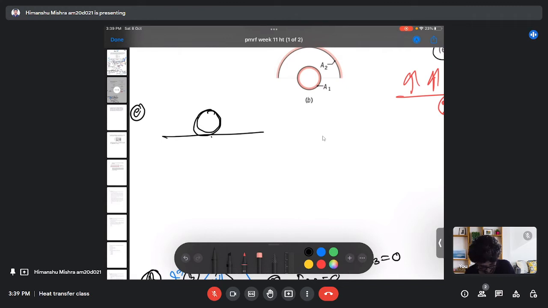Let this flat surface be surface 2, and this surface be surface 1. Now the radiation from 2 will go above also. So let's create the imaginary surface here, which is surface 3, which means the radiation from 2 will definitely cross surface 3 also.